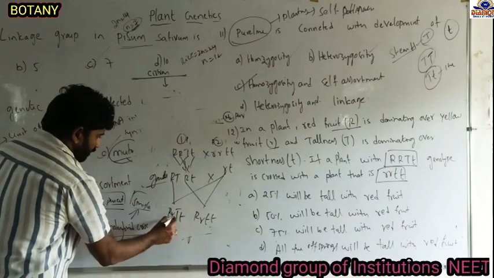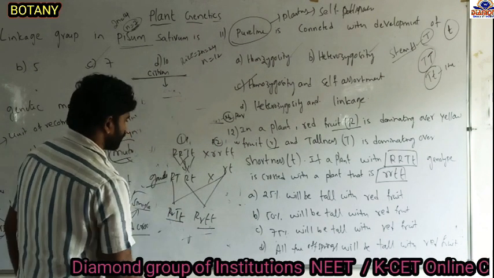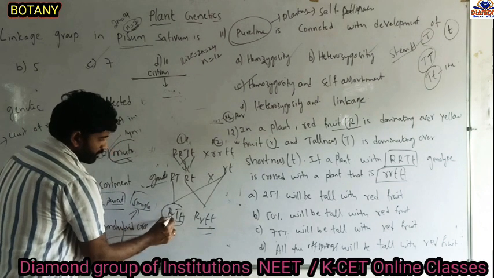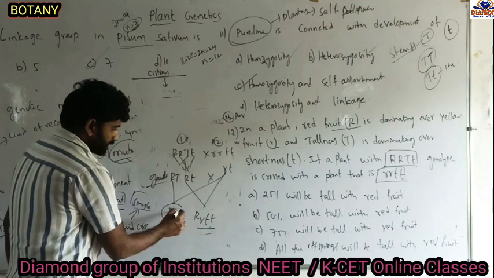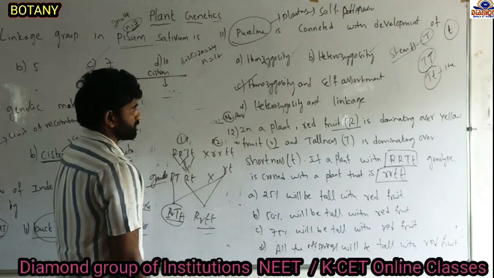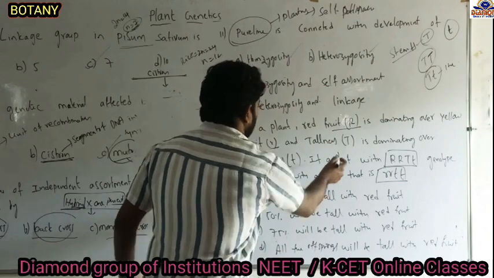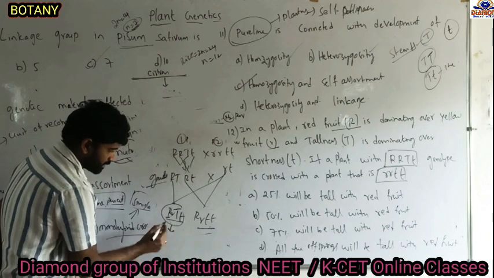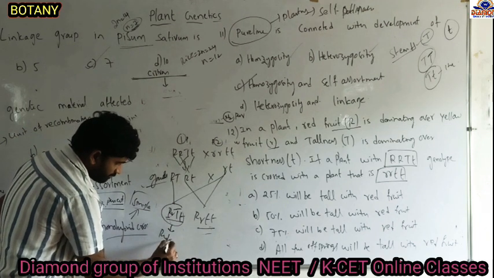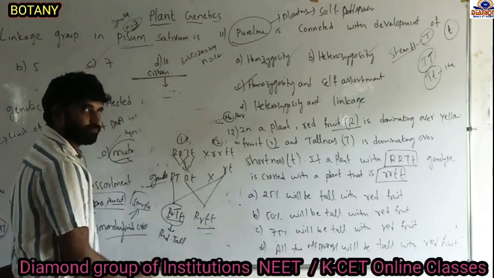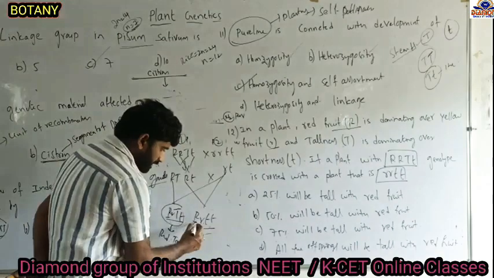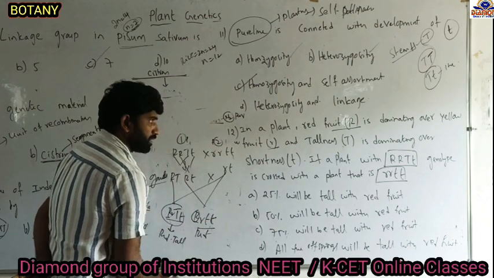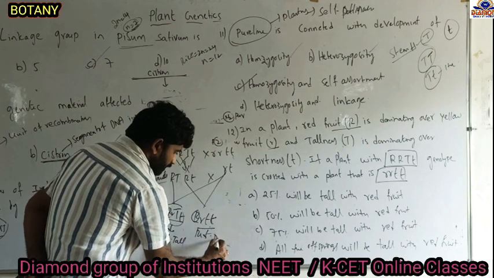See now, capital R, capital T, small r, capital R, small t. Here, capital R is dominant over small r, and capital T is dominant over small t. Capital R is red fruit, and capital T is tallness. So this plant is a red fruit with tall plant. Here capital R is dominant, so it is red fruit, and both have small t only, so it is red fruit with dwarf plant.